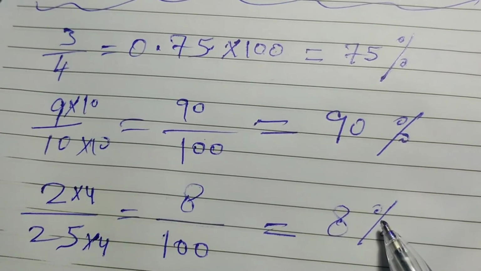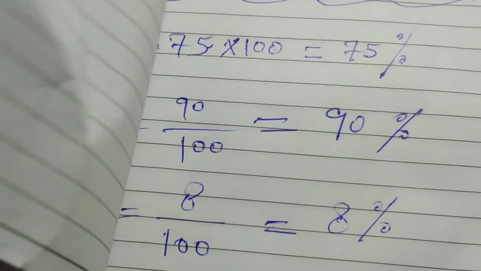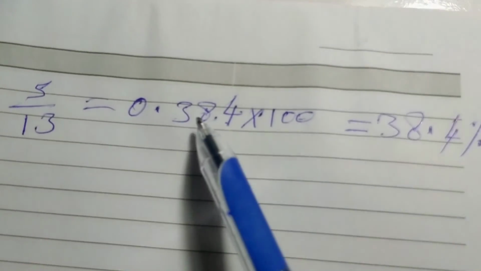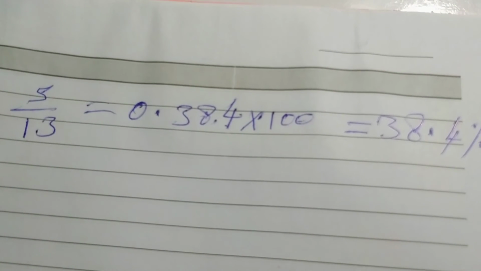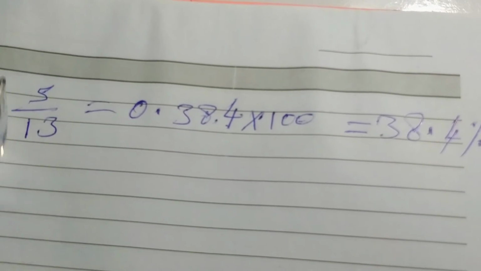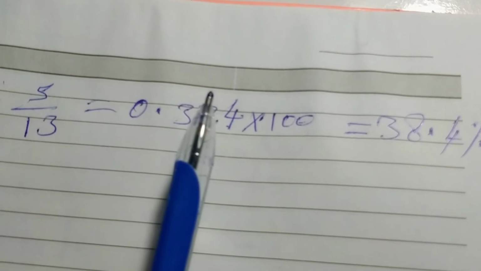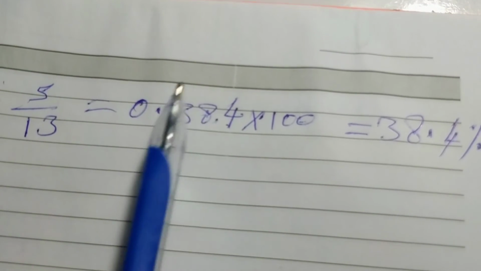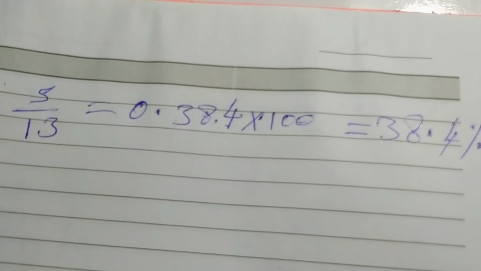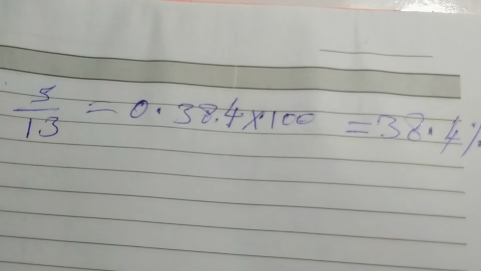If you cannot make the denominator 100, then convert the fraction into decimal, because I explained already how to change into decimal. Then multiply the decimal by 100, and directly you will get your answer. Clear, my dear? So let's see, sometimes a decimal is given.